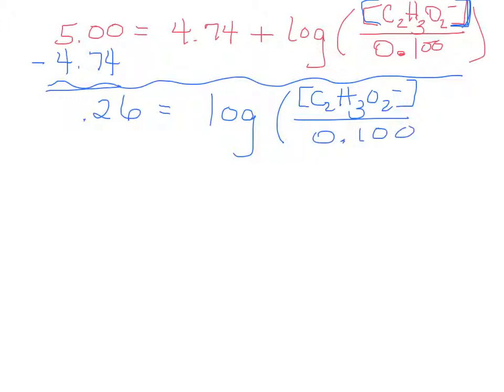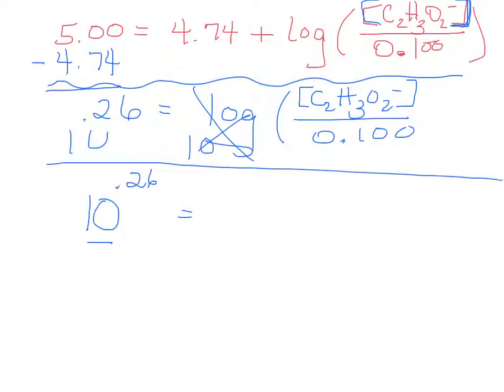Now we've got to get rid of log. It's log base 10, so we raise both sides as an exponent base 10. So 10 raised to the 0.26 power, and the 10 over here is going to obliterate the log.